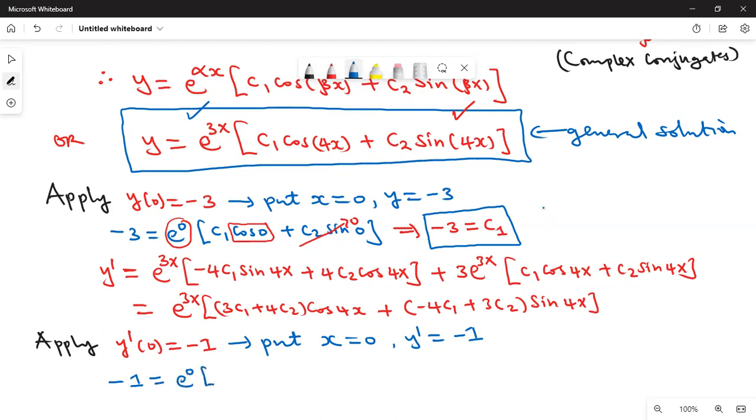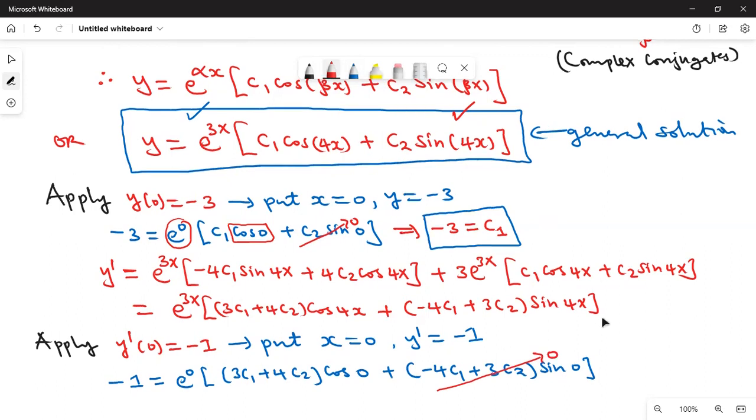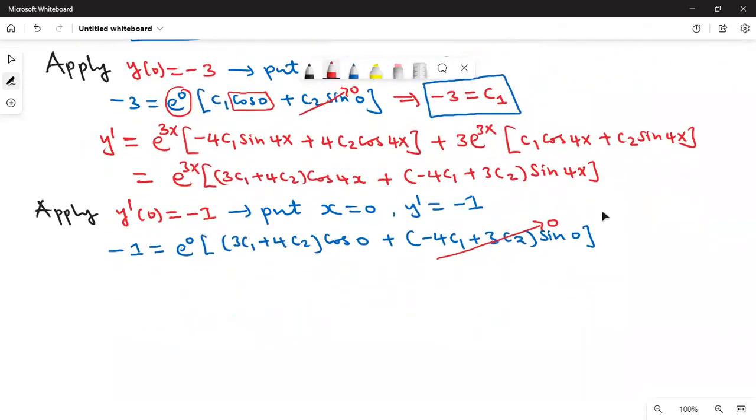Remember, x is 0. Then here we have 3c1 plus 4c2 cos 0, plus -4c1 plus 3c2 sine 0. Where we have sine 0, the whole of that term will vanish.